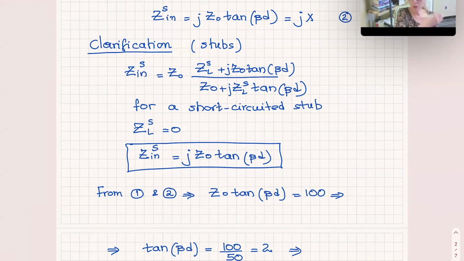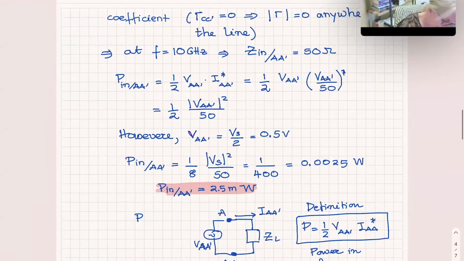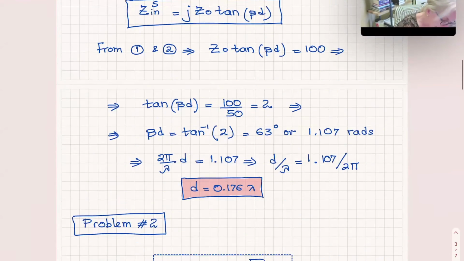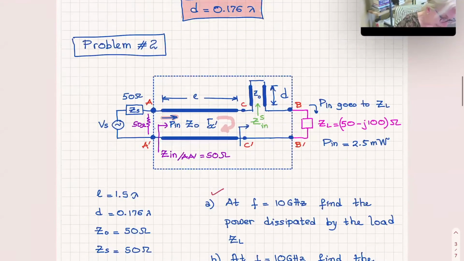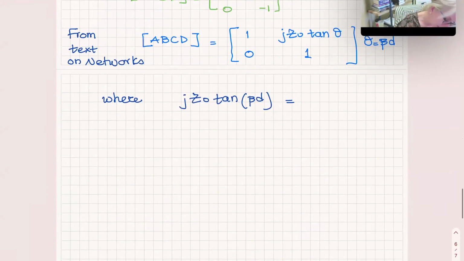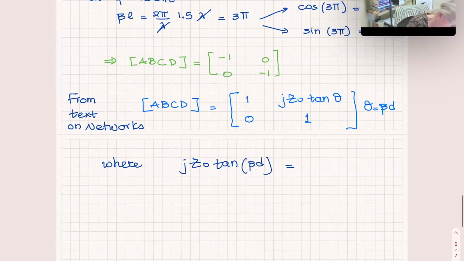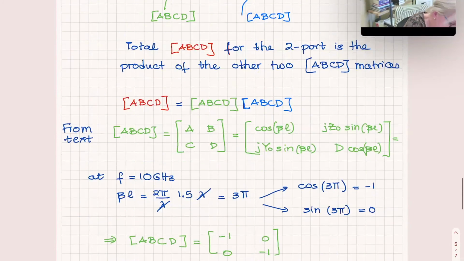But if you have not solved that problem, you will have to come to that conclusion by plugging in beta D and Z naught. So we can do that now. How much was D here? 0.176 lambda. So let's try that, you see that it's going to come out the same. Equals j 50 times tangent of 2 pi over lambda times 0.176 lambda.